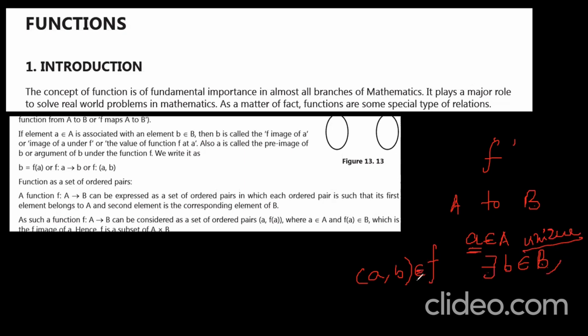Such that (a, b) belongs to F. In this case, the set A is said to be the domain and the set B is called the range or codomain. Set B totally, you take it as codomain only. But whatever the elements which are mapping from A to B, those can be called as range.